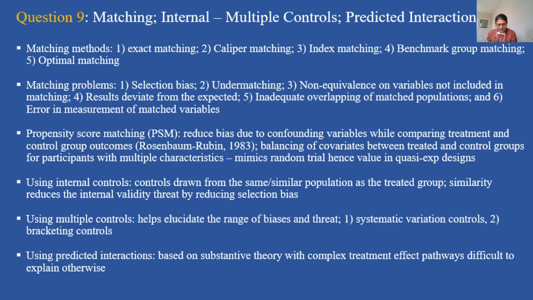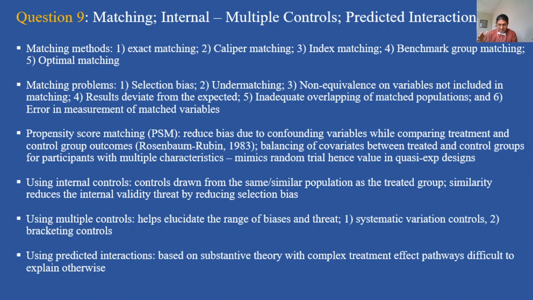One is exact matching, where, as the name suggests, the units have exact scores on the variable of interest, on the matching variable. Second is caliper matching, which means that scores may not be exact but lie within a range. Third is index matching, which includes selection of multiple control units above and below the treatment unit, for example, cluster group matching.